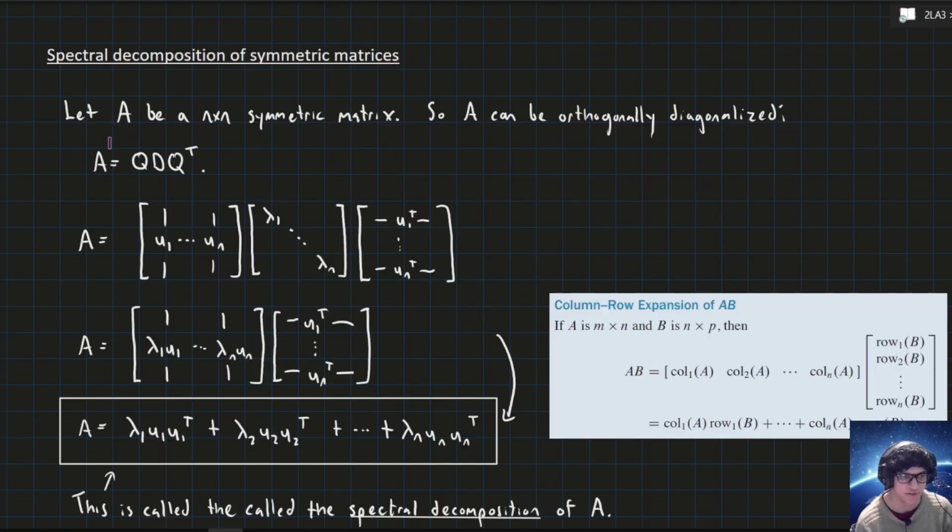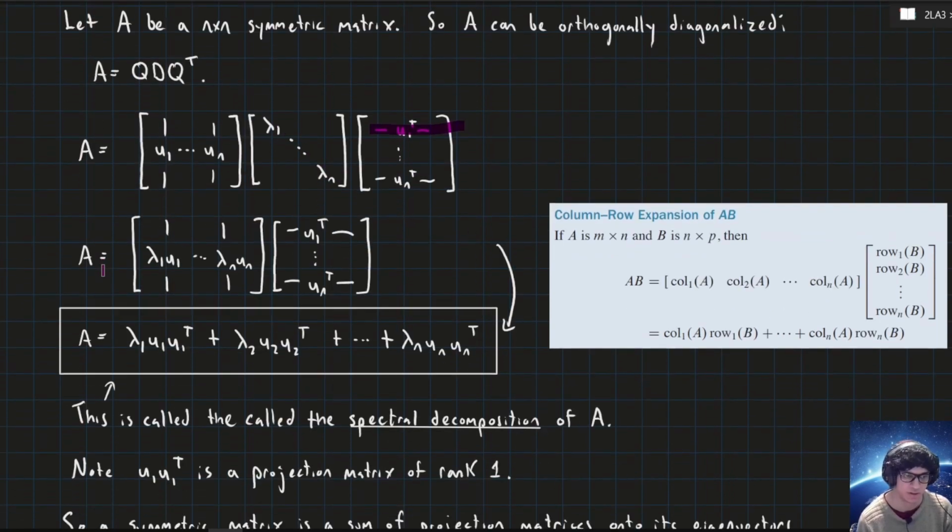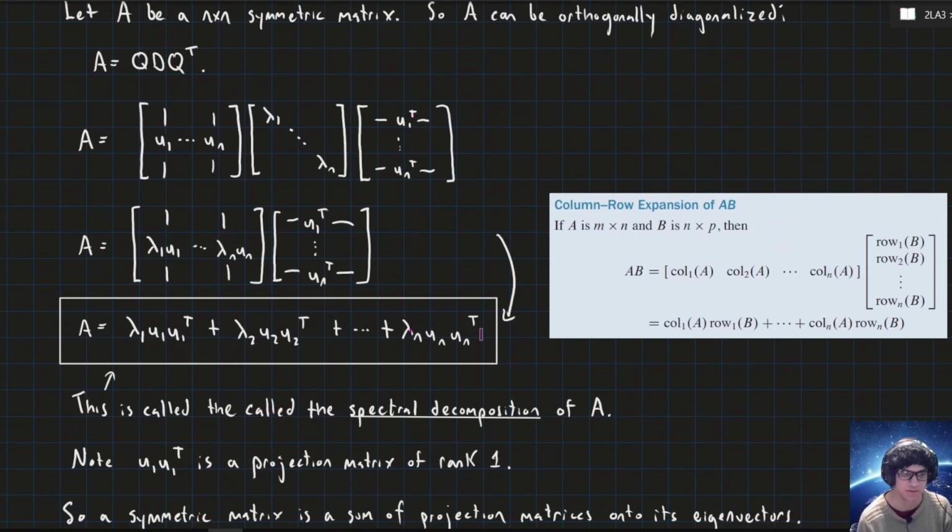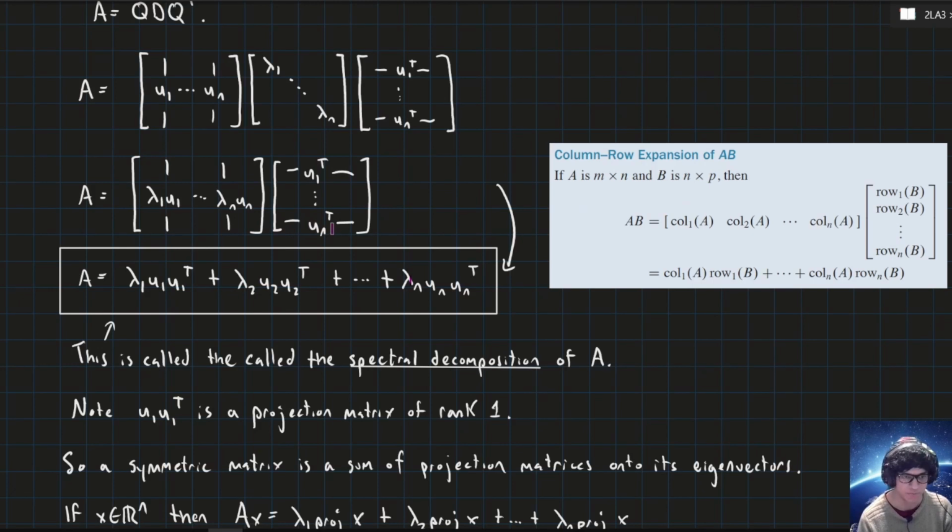Okay, so I'll emphasize that if A is a symmetric matrix, then it's completely understood in terms of its eigenvalues and eigenvectors. If we have this factorization, then it's a product that's completely composed of eigenvectors and eigenvalues of A. And if we choose to decompose it like this, we get a sum of projections onto the eigenvectors that are scaled by the eigenvalues.